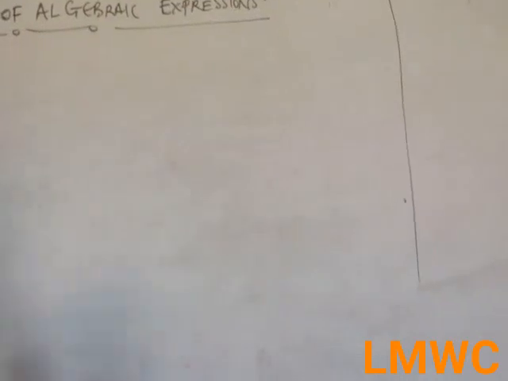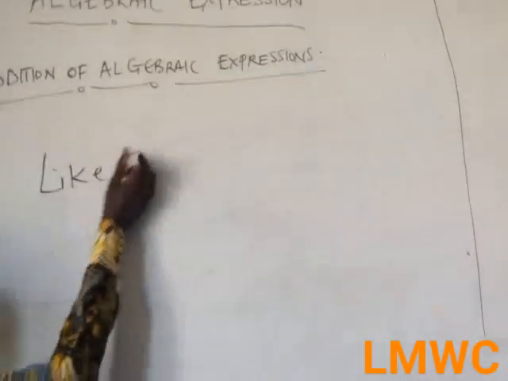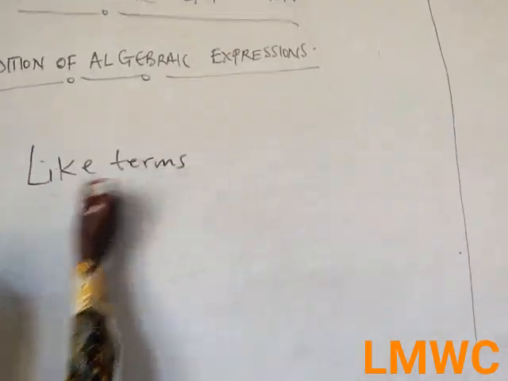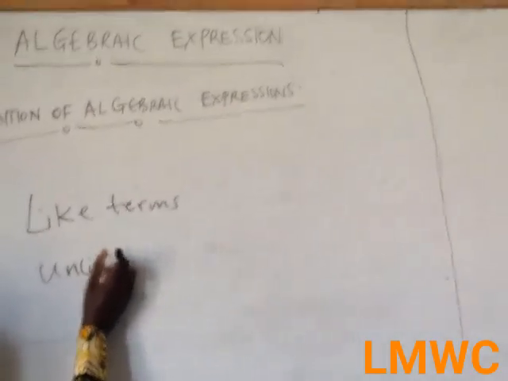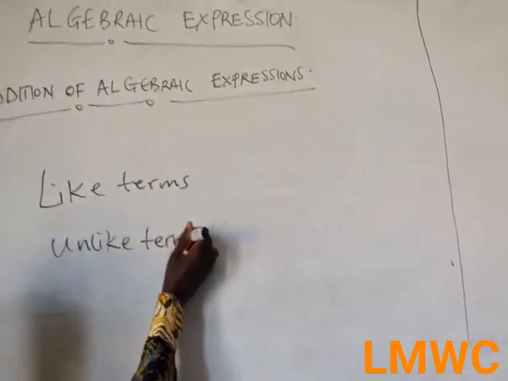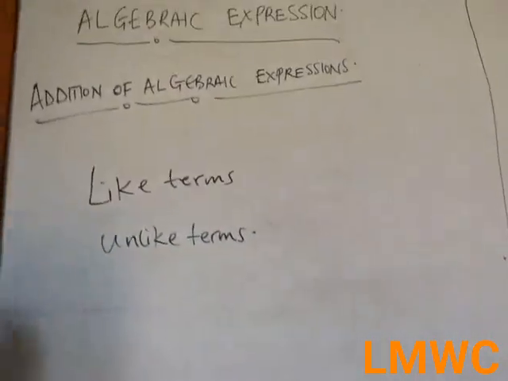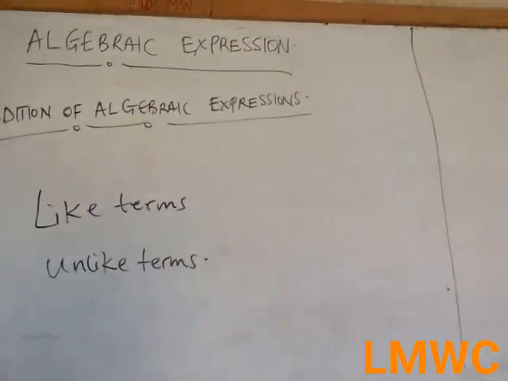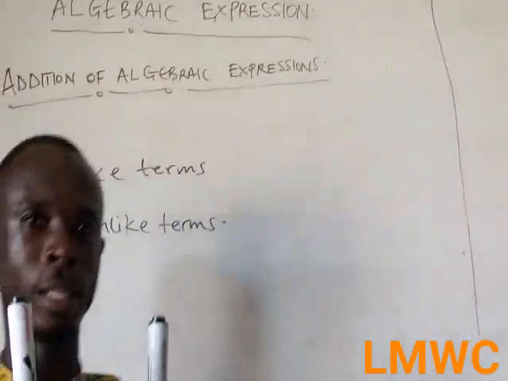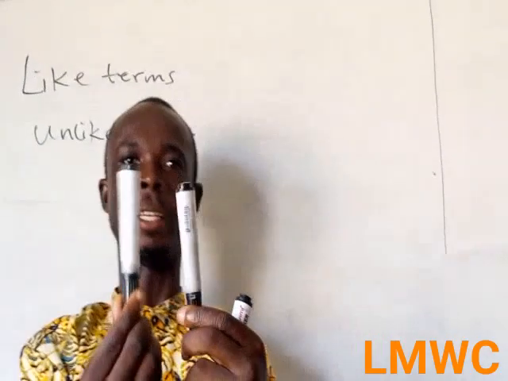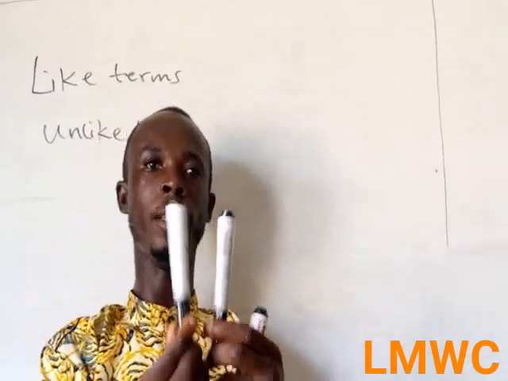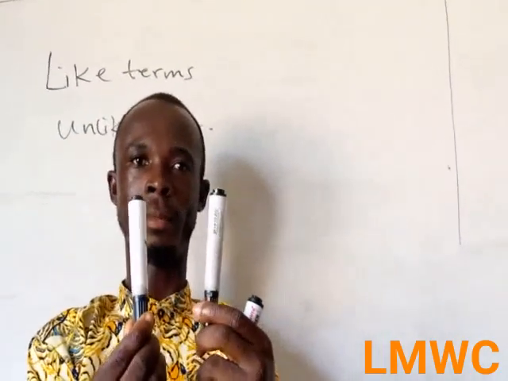For addition of algebraic expressions, we have like terms and unlike terms. If we say something is a like term, like this marker, you see it's a like term because they are all black markers.